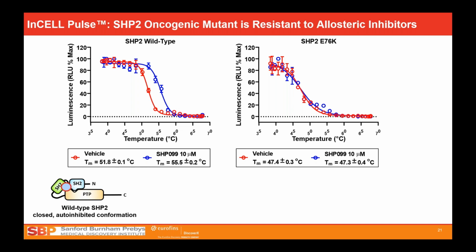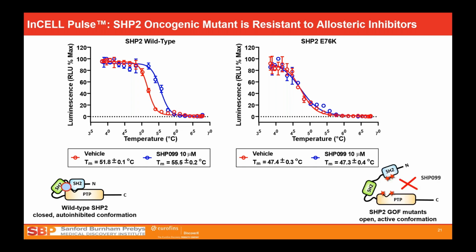You can see a nice 52-degree melt temperature there. And then in this thermal profile, the cells were incubated with SHP2, the molecule I showed you before, the so-called molecular glue compound, which stabilizes the closed auto-inhibited conformation. And with that blue curve, you can see we have a nice indication of cellular target engagement for SHP2.